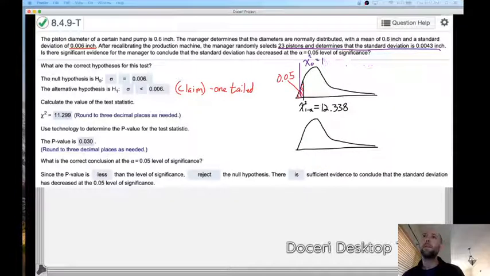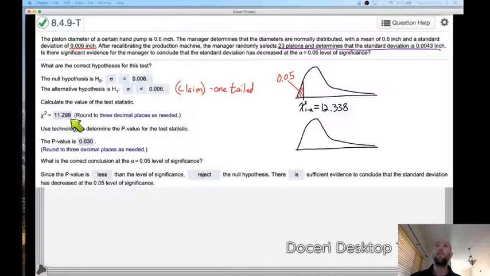Okay, so we've got our critical value now stated. We can calculate the test statistic. We calculated a test statistic very similar to this in number 5 on the handwritten assignment.